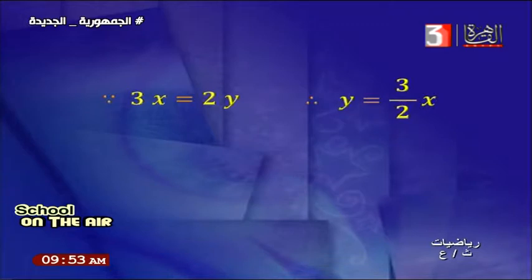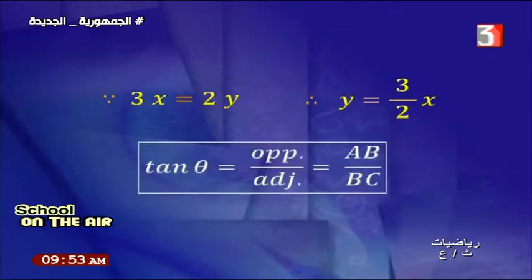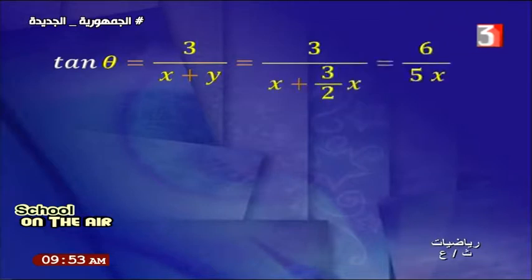Now, from the relation 3x equals 2y, y equals 3 over 2 x. And we know that tan theta equals opposite over adjacent. Opposite is AB and adjacent is BC. Then tan theta equals 3 over x plus y, equals 3 over x plus, what is the value of y? y equals 3 over 2 x.